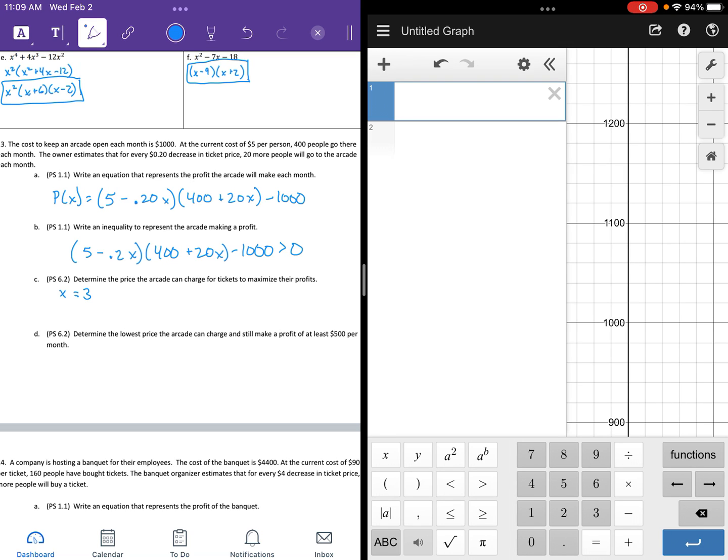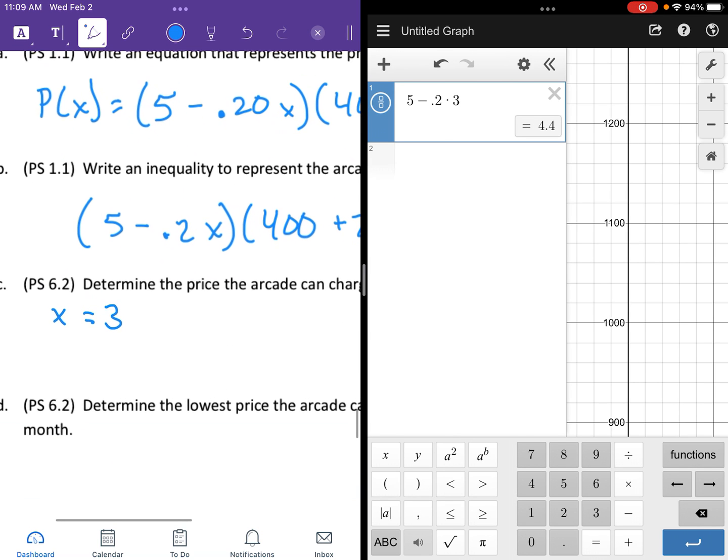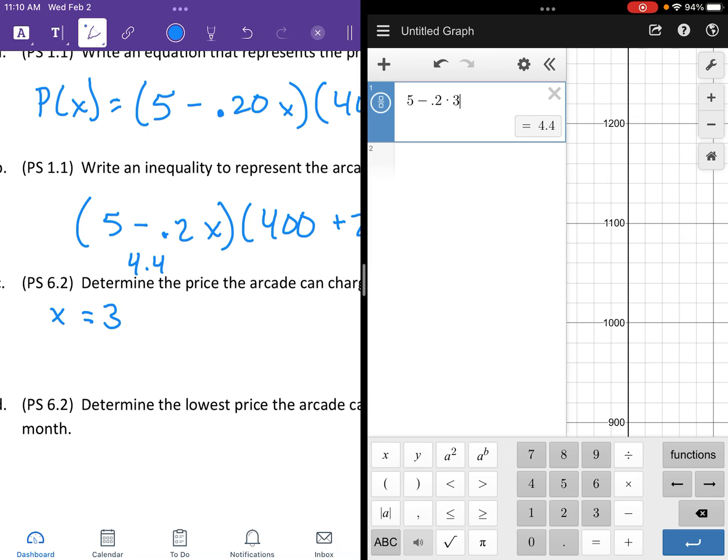Darn it. We're going to do it in pieces. 5 minus 0.2 times 3 is equal to 4.4. So let's do this, 4.4. And then 400 plus 20 times 3 is 460.